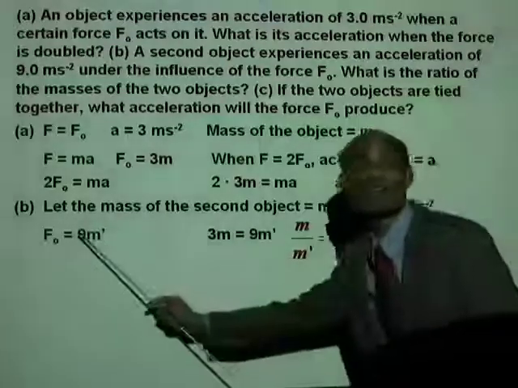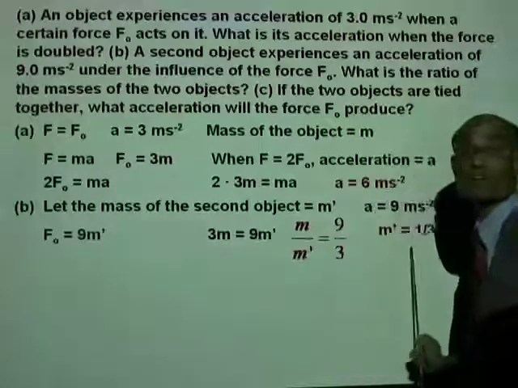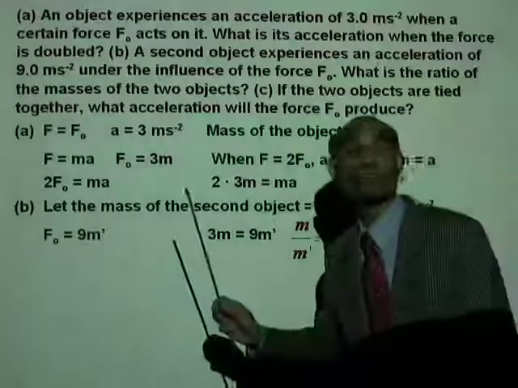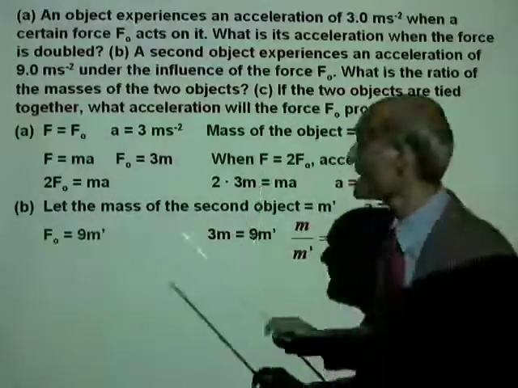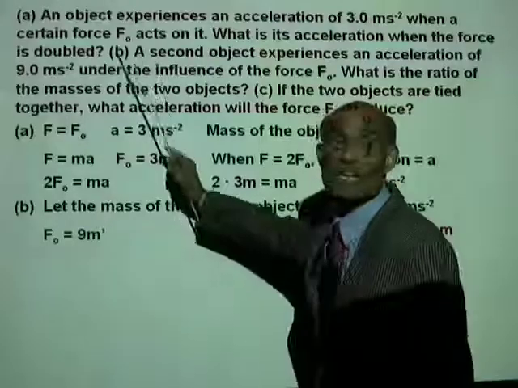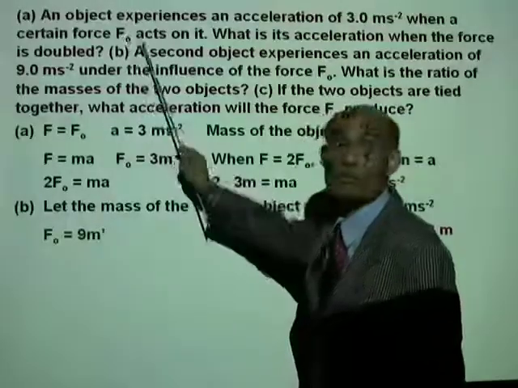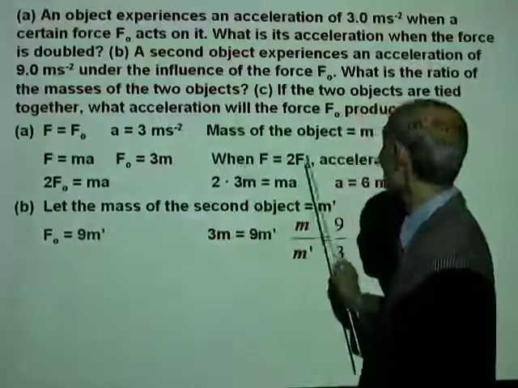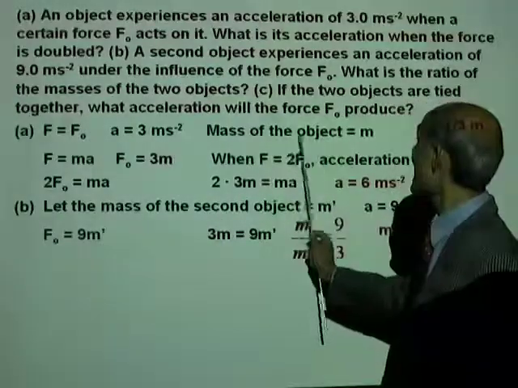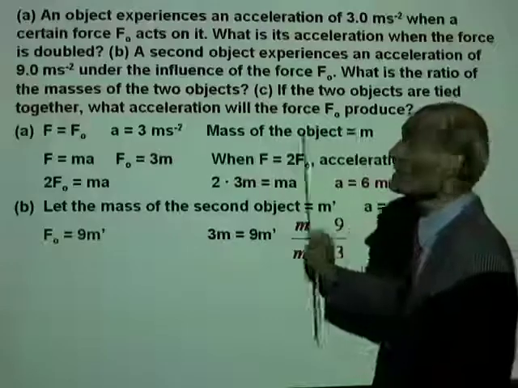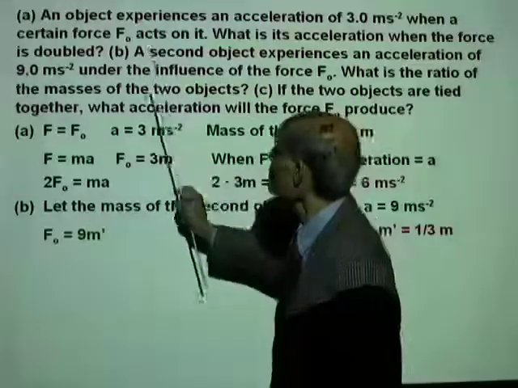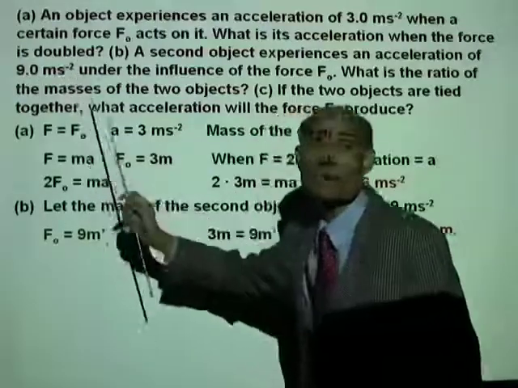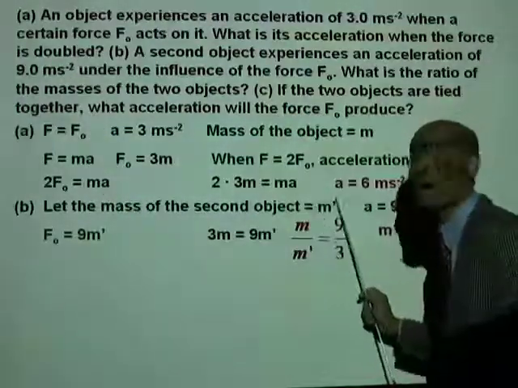In actual fact, you don't need all these steps to figure it out, that m prime is 1/3 m. You can figure it out quickly by saying that if F0 produces an acceleration of 3 meters per second squared on a mass m, the same force producing an acceleration of 9 meters per second squared on a mass m prime.